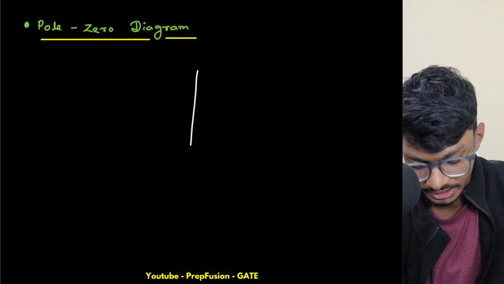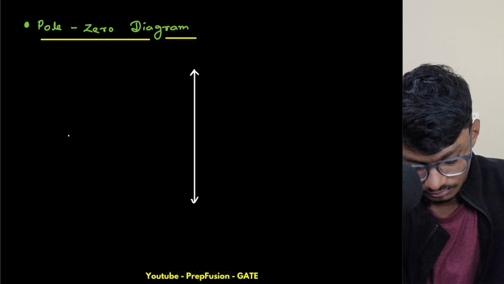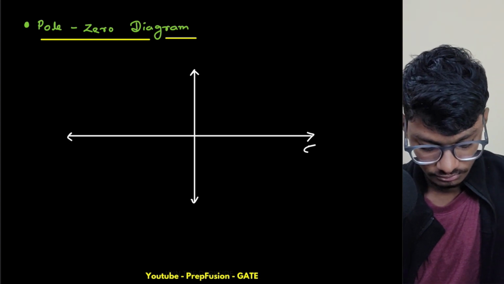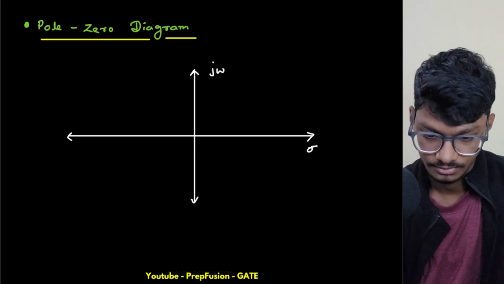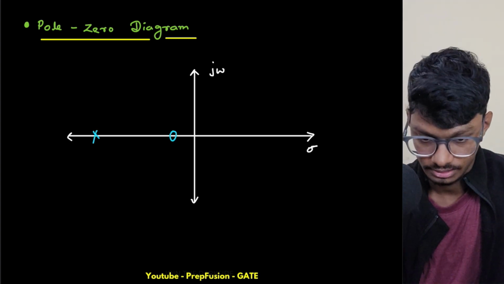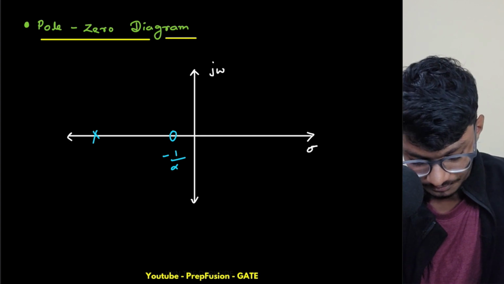So the pole-zero diagram will be something like this. Sigma, j omega, and the 0 will lie here and the pole will lie here. My 0 will be at minus 1 by tau and the pole will be at minus 1 by alpha tau.